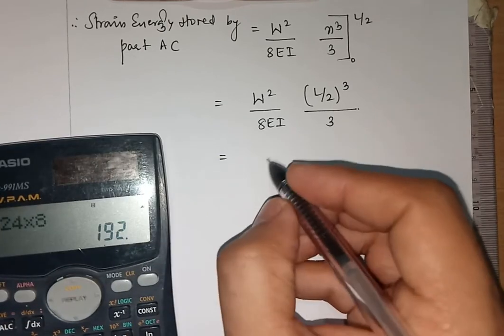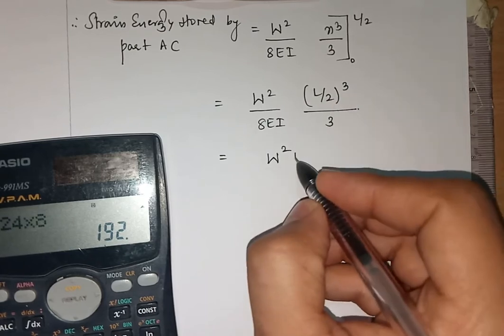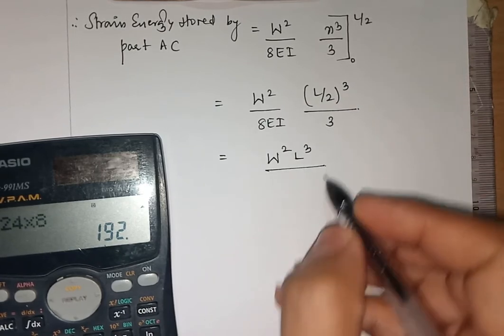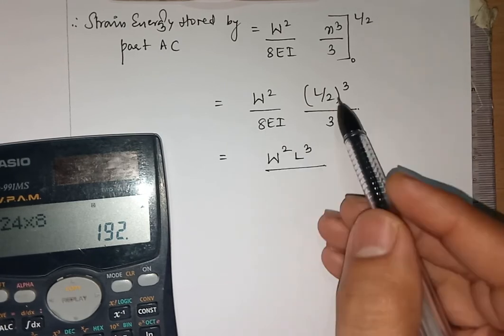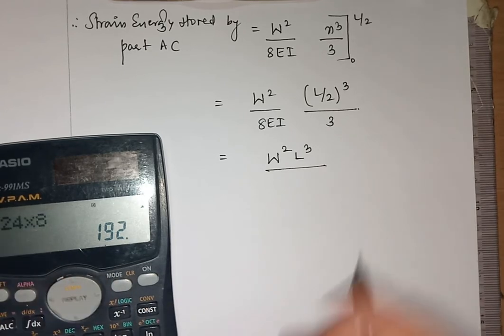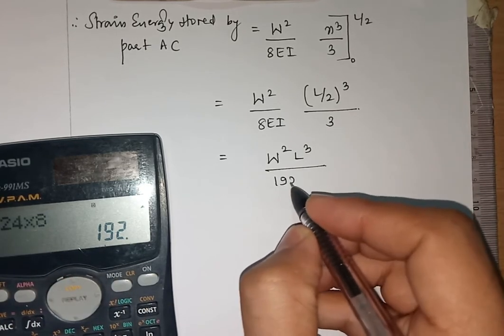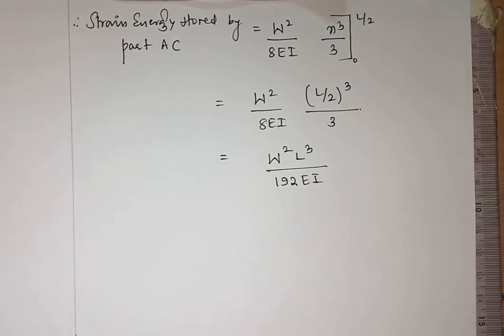So it will be W square L cube divided by 8, 3 eights are 24, in the denominator we are having 24, and 2 cube is 8, which also comes into the denominator. So that is 24 into 8, that is 192. So it is 192 EI. This will be the expression for strain energy in case of part AC.